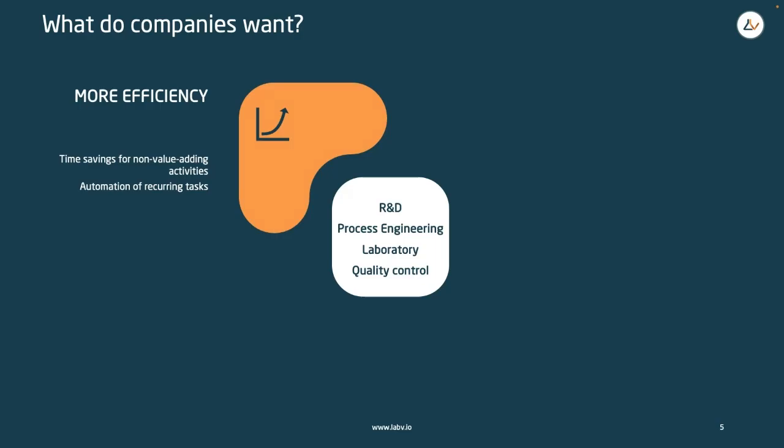You want to save time on what we call non-value-adding activities. It's everything you do that doesn't provide high value, for example copy pasting, manual data entry, and so on and so forth. The automation of recurring tasks is also a very high concern, right?